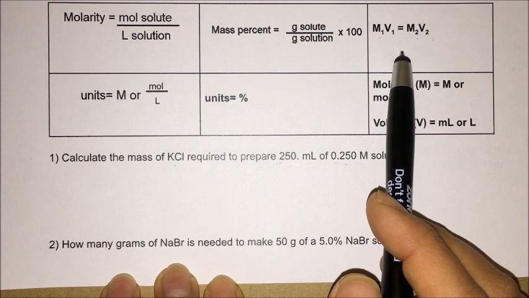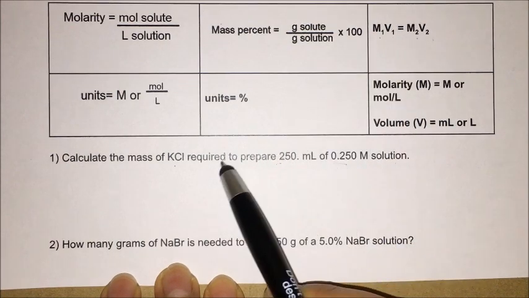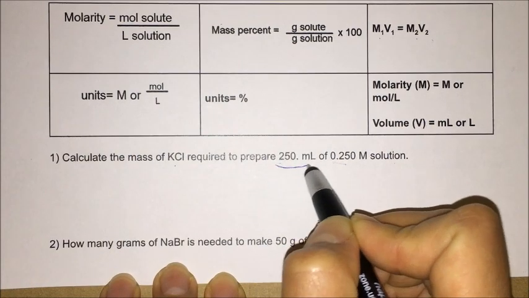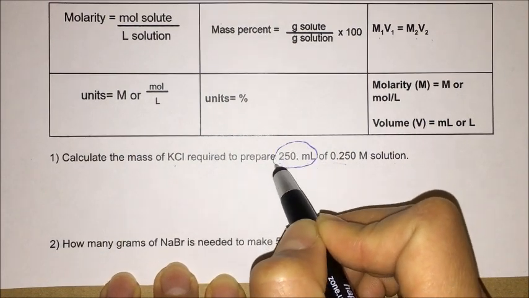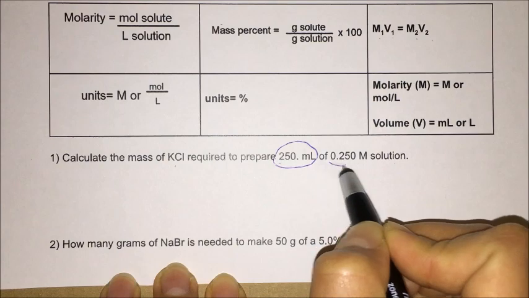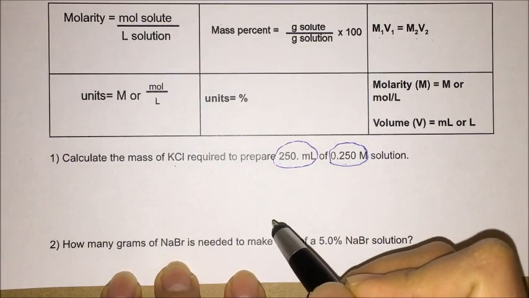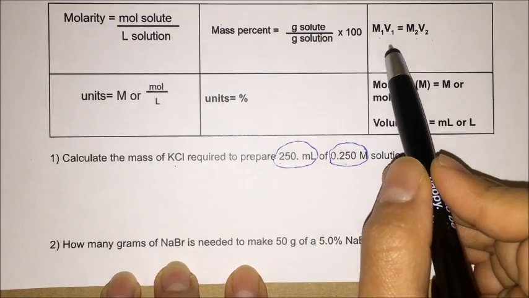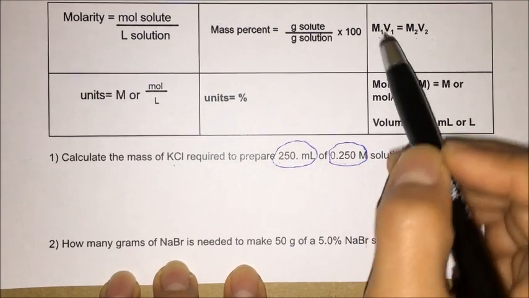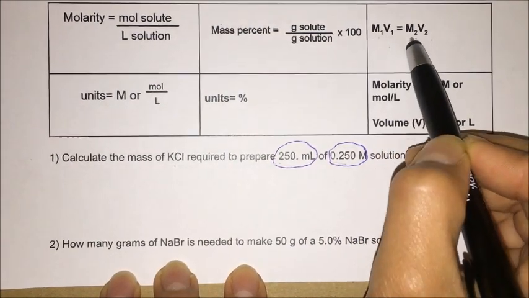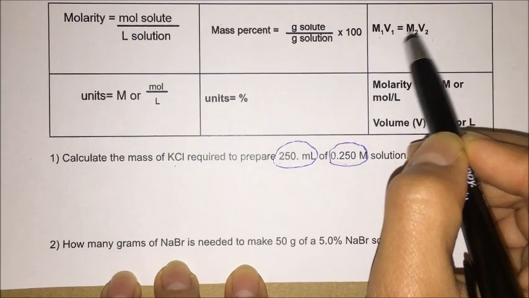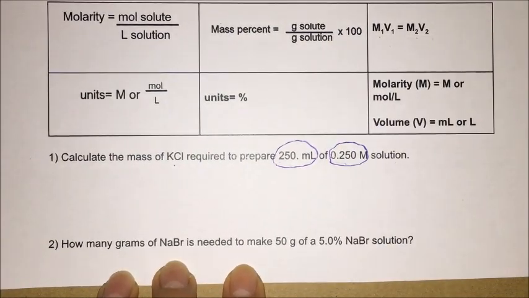The reason is that in the problem, they only give you one value for the volume and one value for the molarity. Notice for the dilution calculation, you would need either 2 molarity values or 2 volume values.